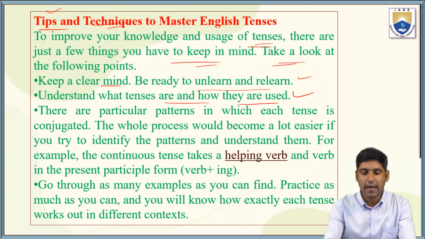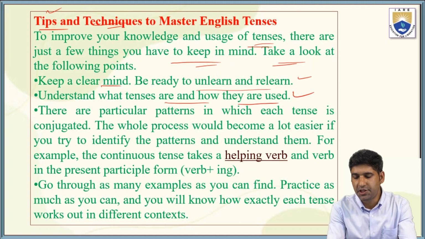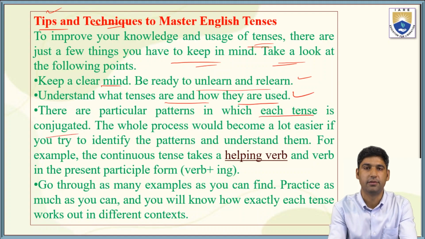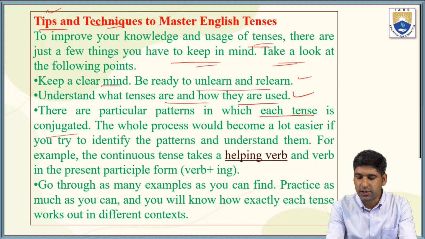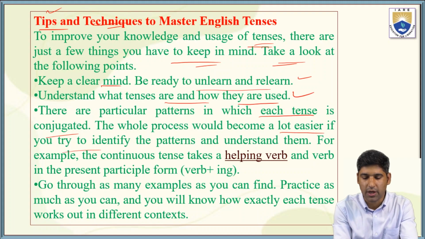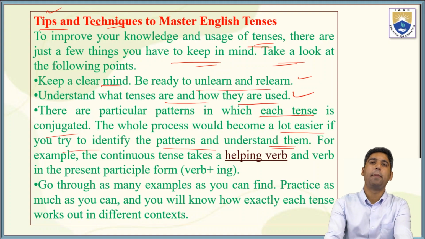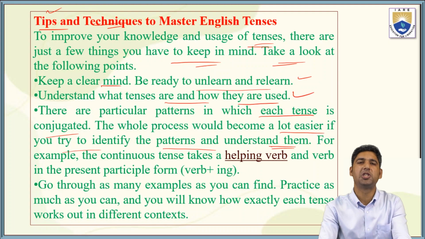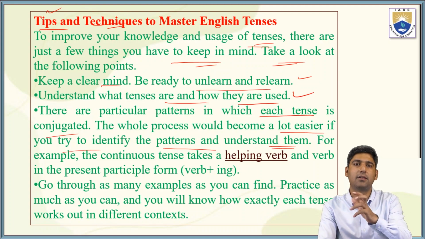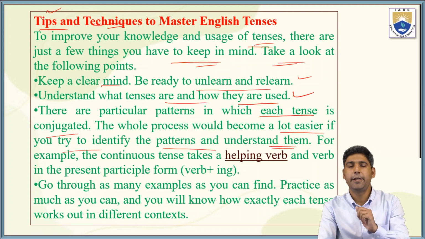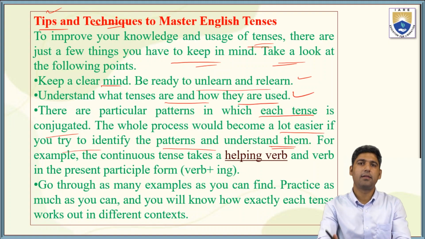Then there are particular patterns in which each tense is conjugated. The whole process would become a lot easier if you try to identify the patterns and understand them. There are different patterns by which each tense is formed.